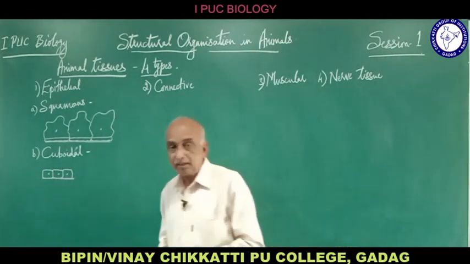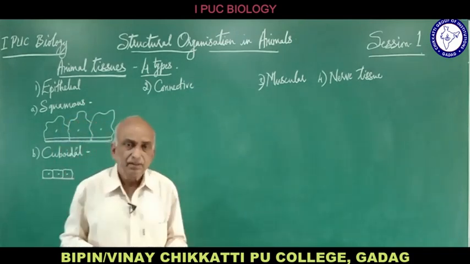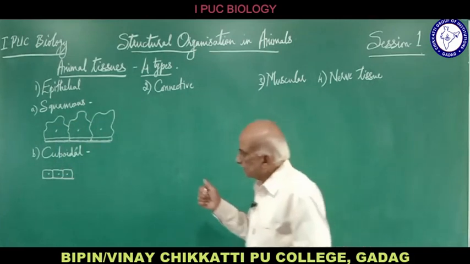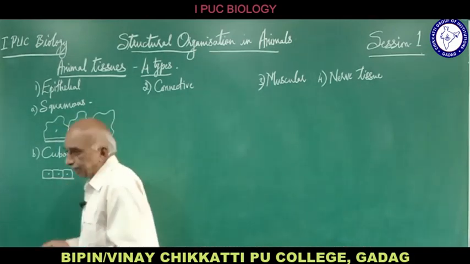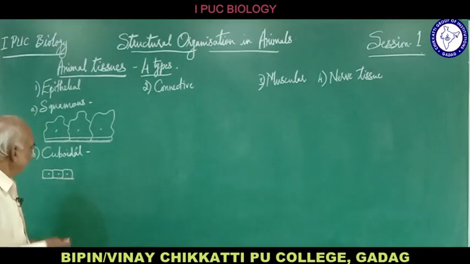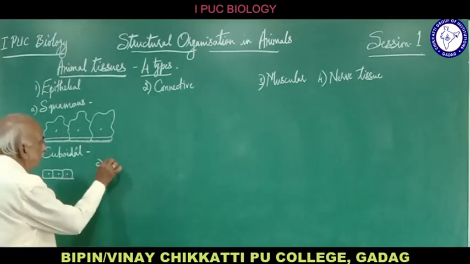So they contain cuboidal epithelium. So the cells are cube-like, and hence they are called cuboidal epithelium. Then another type of epithelium, that is columnar epithelium.